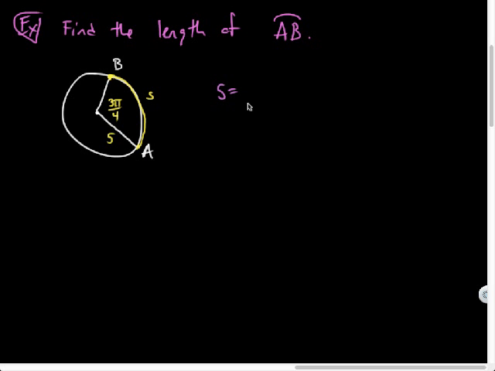So S is going to equal the radius, which is 5, multiplied by my theta measured in radians. All right, so if this said 135 degrees, 5 times 135 is not going to give me an answer in units. Okay, so 5 times 3 pi over 4 is what I would end up getting. So S is equal to 15 pi over 4.